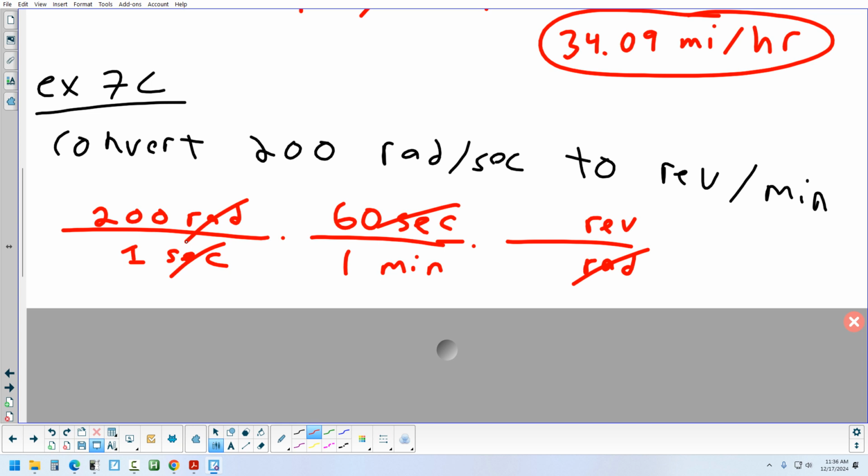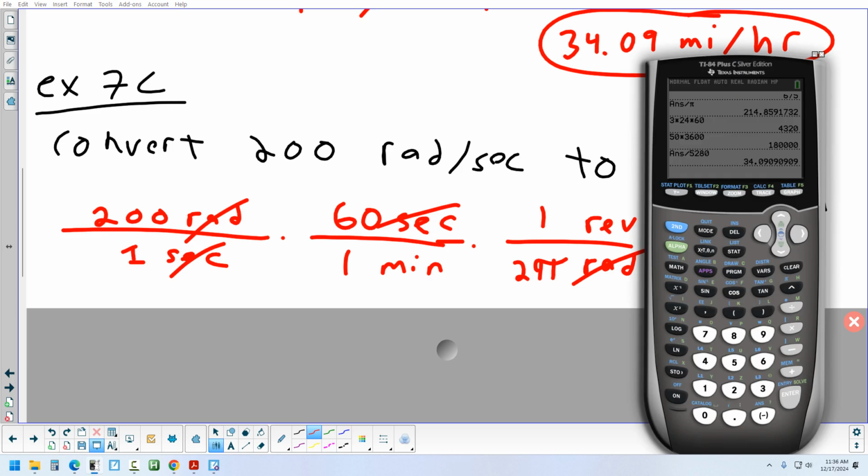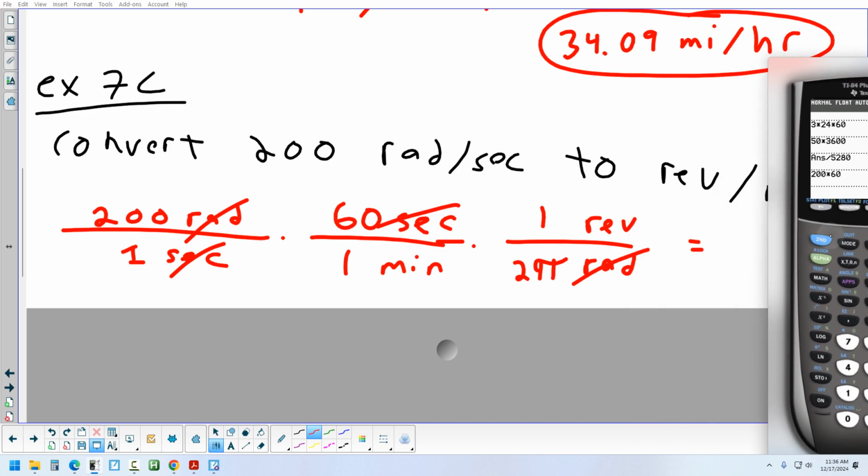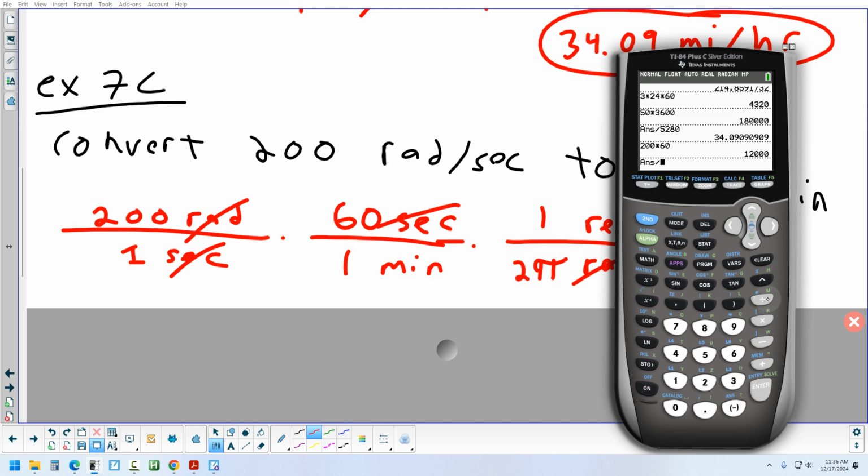One revolution is 2 pi radians. And now when you multiply that out, you have your answer. So 200 times 60 divided by 2 pi.